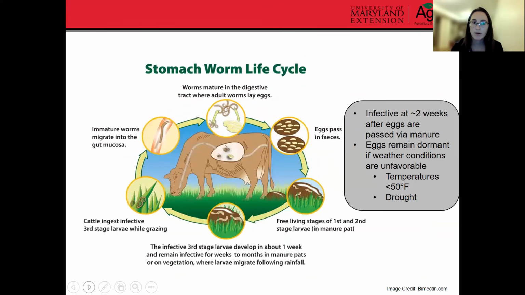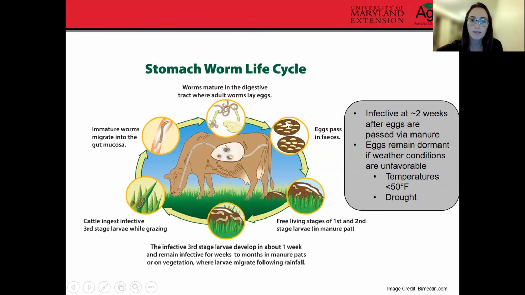This is the life cycle of the brown stomach worm, which is probably one of the most economically impactful internal parasites in cattle. This shows how cattle become infected. They graze grass that has the worm on it, and so they ingest the worm. The worm goes into the animal's digestive tract and matures there.